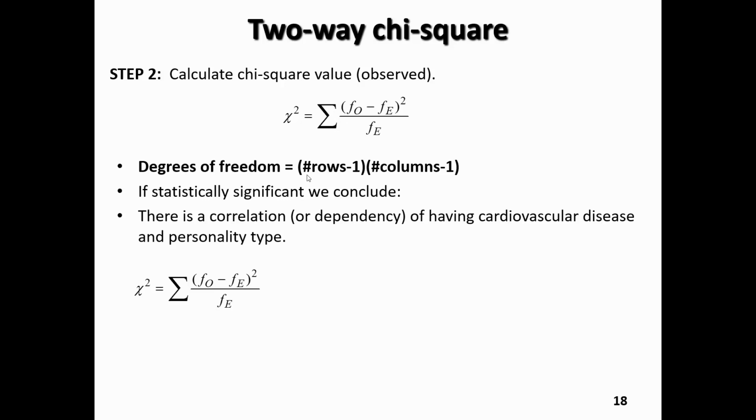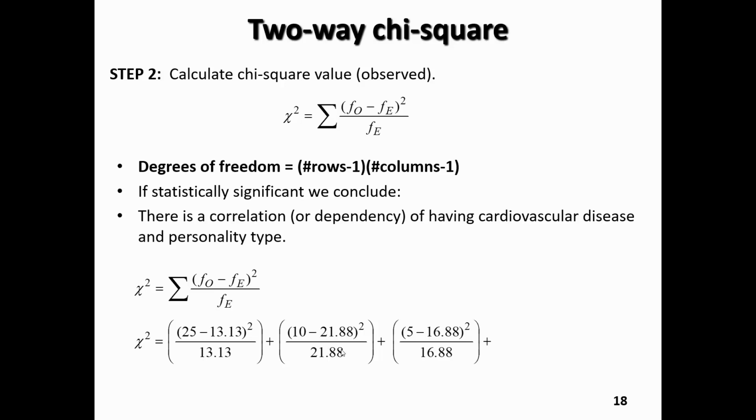We take our equation, I just copied the top equation, put it down here at the bottom, and we fill in the data. In our first cell, we take the difference between the observed frequency and the expected. This value is squared, divided by the expected, and we would add that to the next cell along the first row, which is 10 subtract 21.88. We square that difference to eliminate the negative value, divided by 21.88, and we continue.